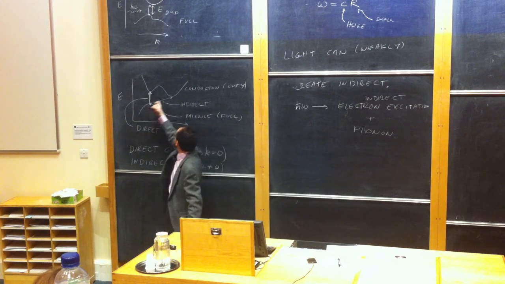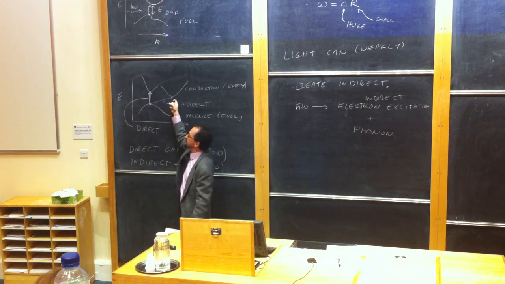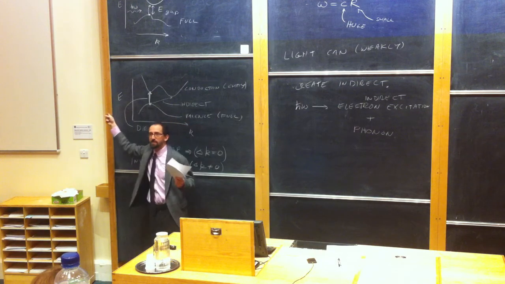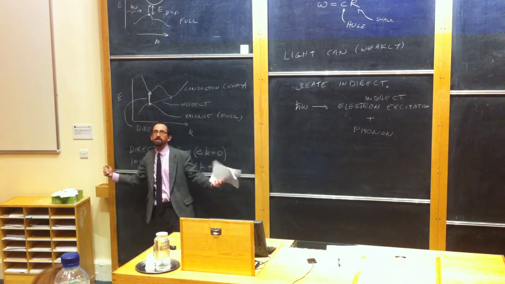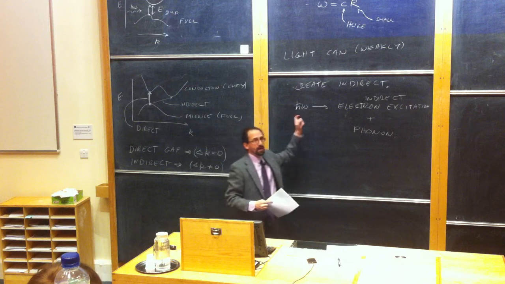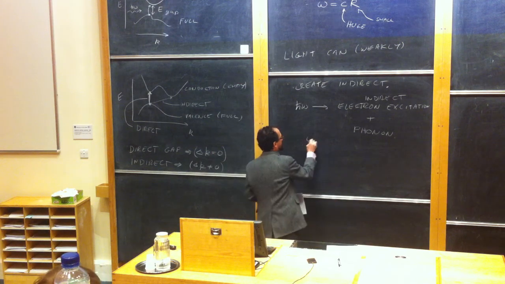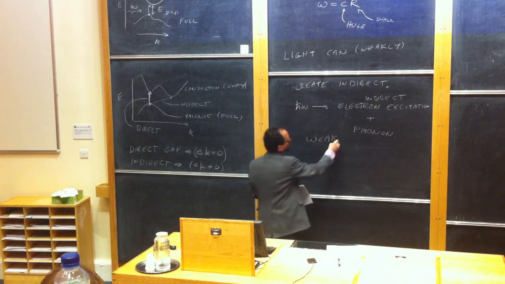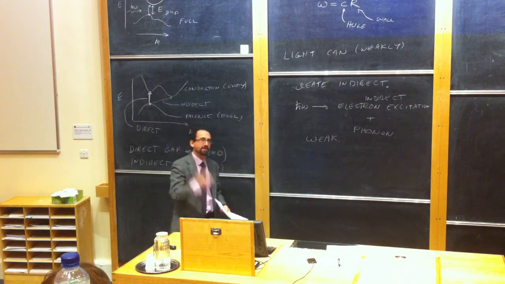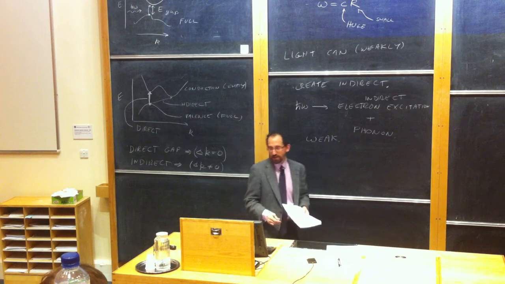So an electron can increase its momentum this way, but the phonon will increase its momentum the other way, and total momentum will be conserved, even though you absorbed a photon. Okay? So this can happen, but it's very weak compared to the direct transition, which is a simpler process, which just simply excites the electron.